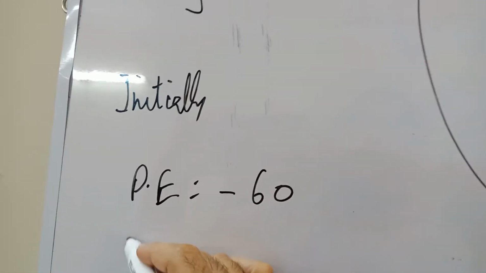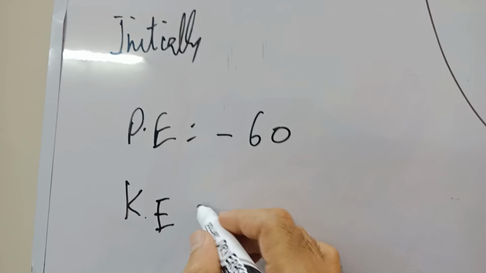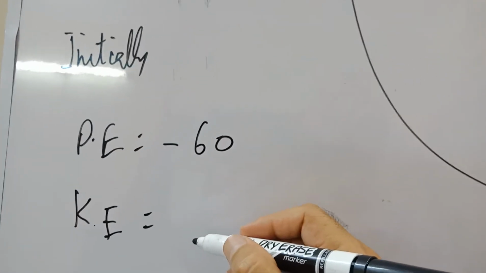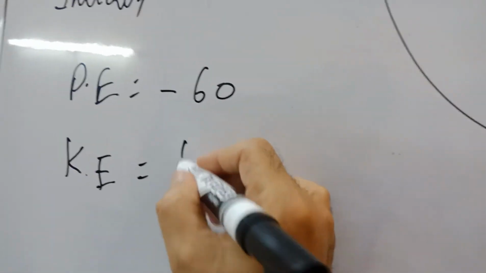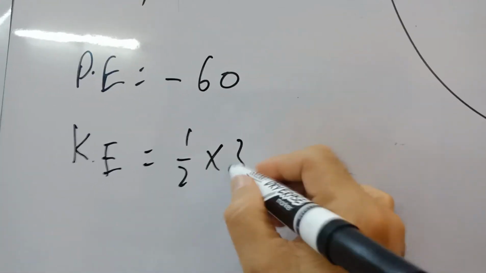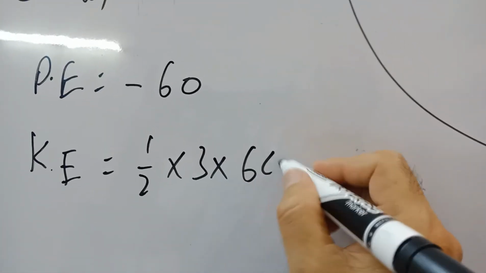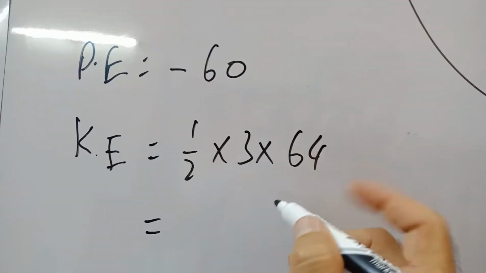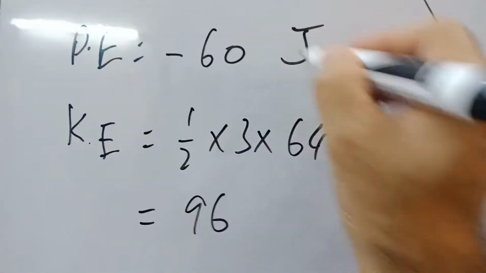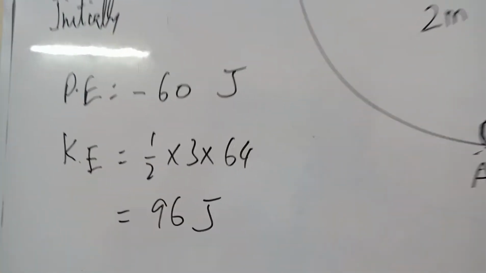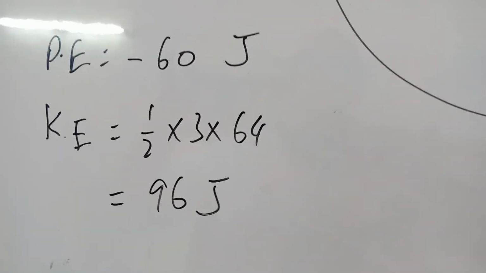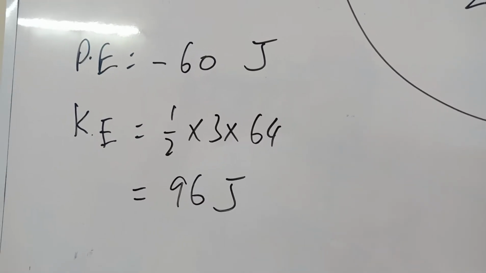And the kinetic energy initially would be half mu square. u over here is 8, so that is half into 3 into 8 square, which is 64, so this is going to be 96 joules. These are the energies initially: potential energy -60 joule and kinetic energy 96 joule.